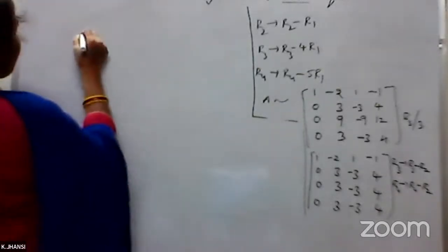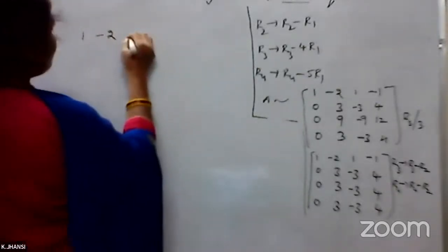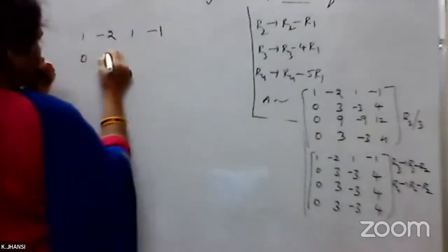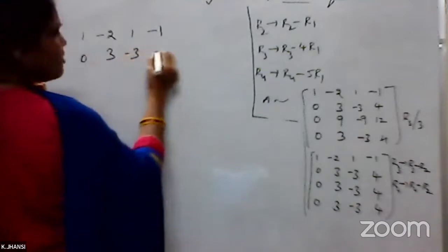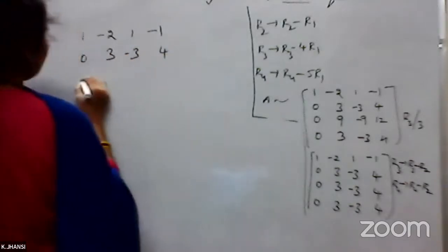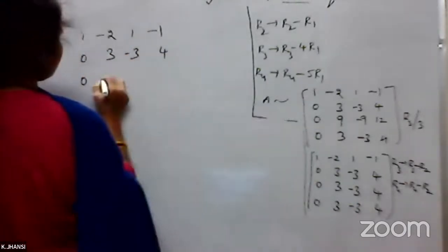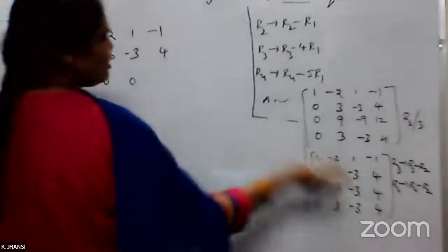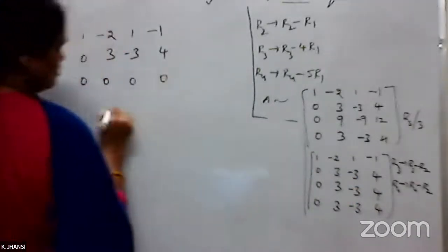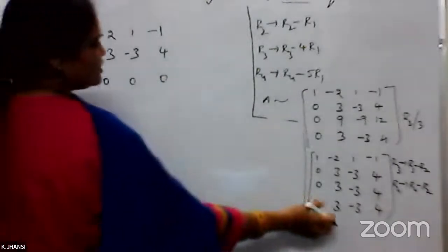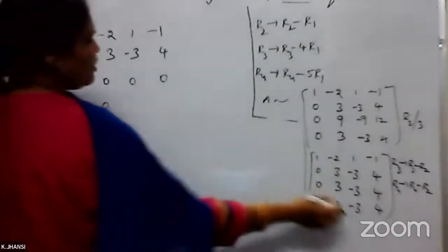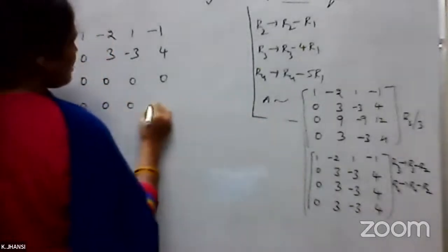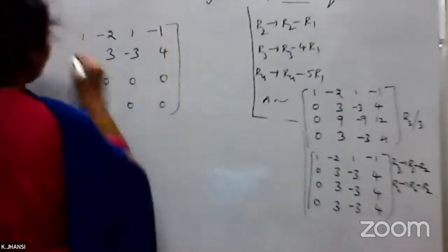So you will get 1, -2, 1, -1 and 0, 3, -3, 4. Then 3 minus 3 is 0, -3 plus 3 is 0, and 4 minus 4 is 0. Next, again 0, 3 minus 3 is 0, -3 plus 3 means 0, and 4 minus 4 means 0.